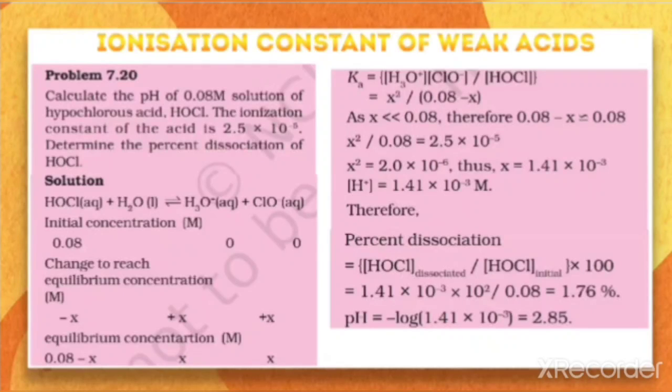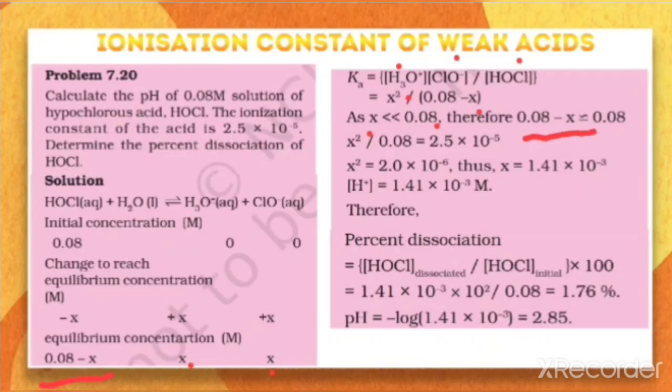Now in the formula of Ka, we substitute the value of concentration of H3O+ and ClO-, that is X here and X here. So we are getting X square divided by the concentration of HOCl, that is 0.08 minus X. But here the X value is very small compared to 0.08.